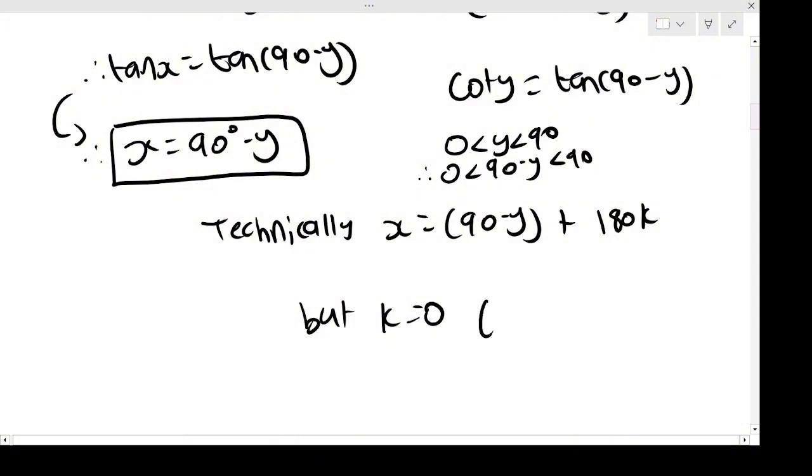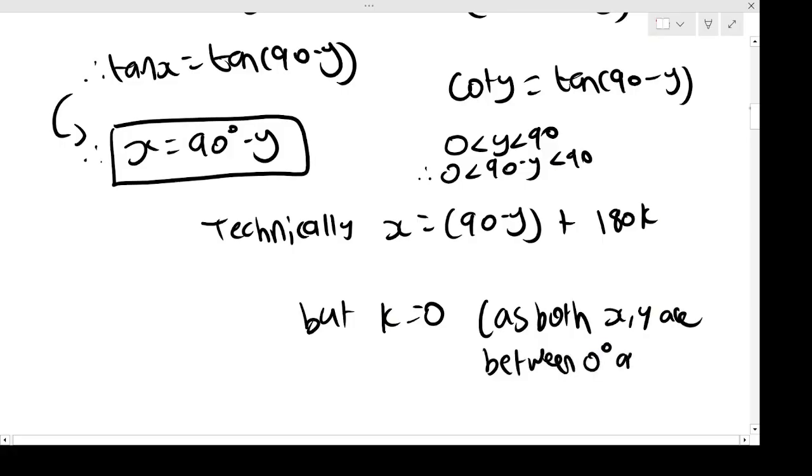And that is because x and y are between 0 and 90. Because they're both between 0 and 90, we can just say the angles are the same in that particular case. We can just equate the angles because we don't need to consider any multiples of 180. And so that is the explanation there.